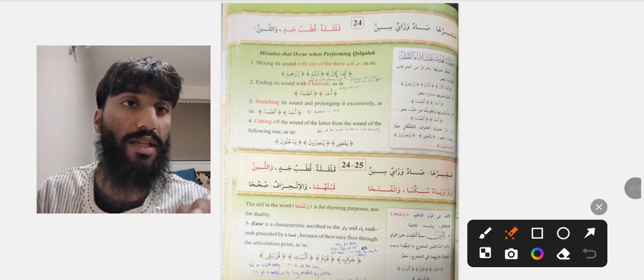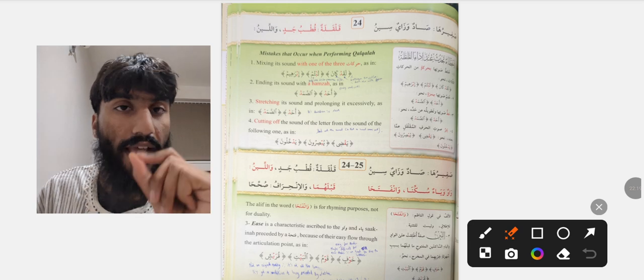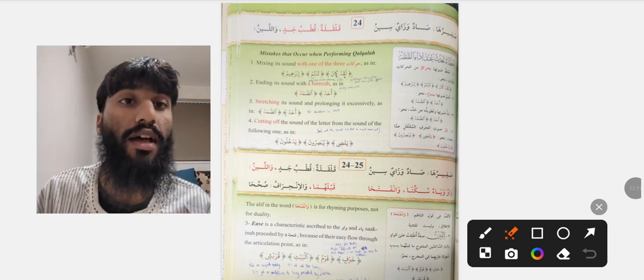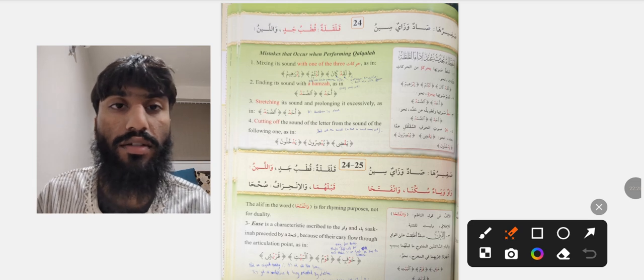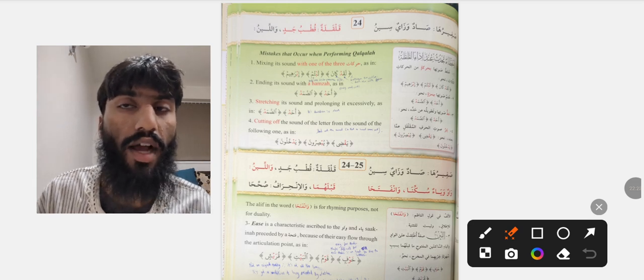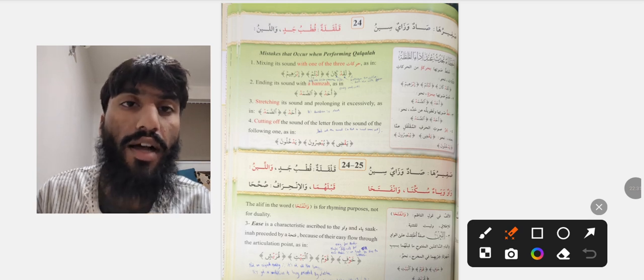The second type of mistake is ending with hamza. When you say ahad, instead of saying ahad, you say ahad with a hamza. This is the most common mistake you will hear in Qalqalah.